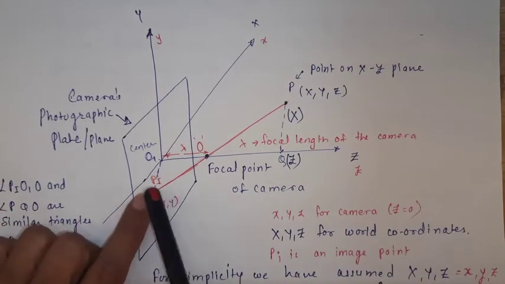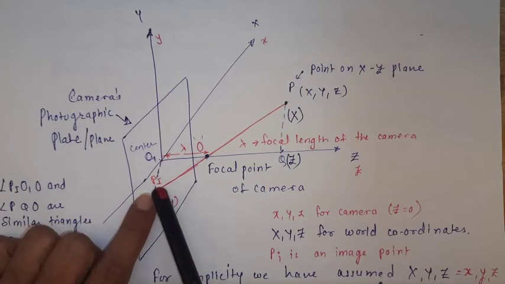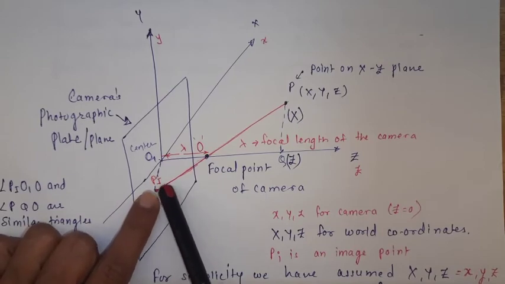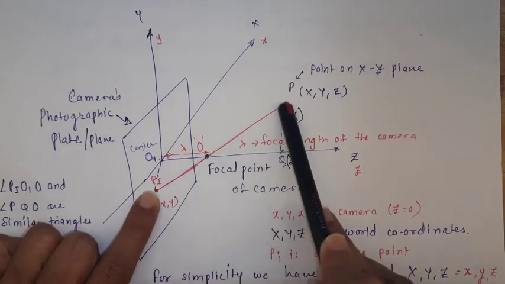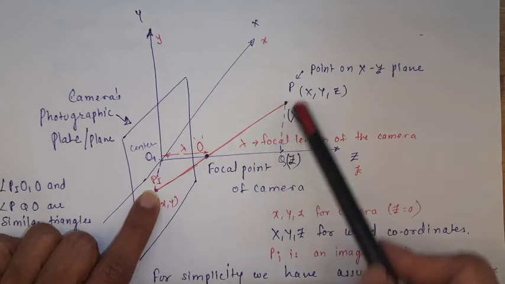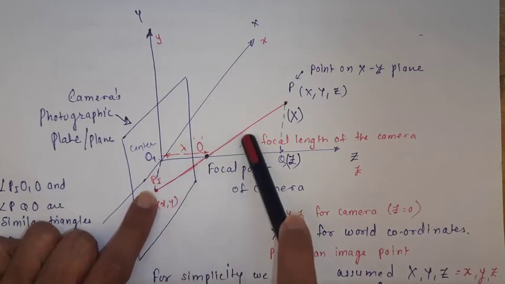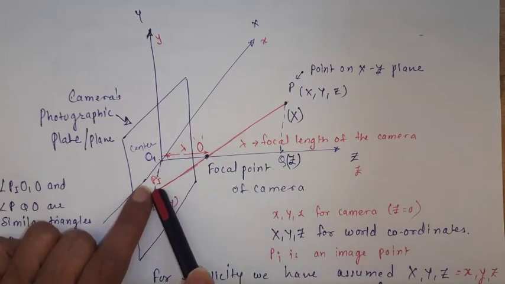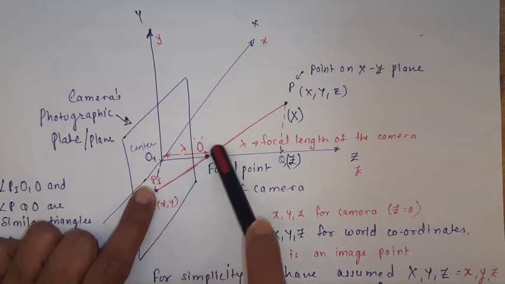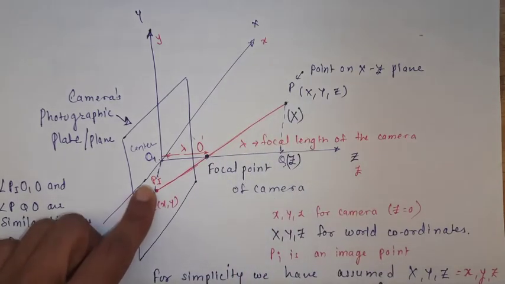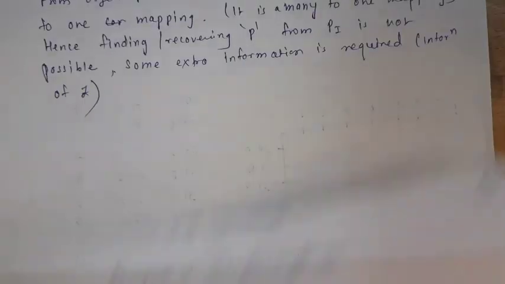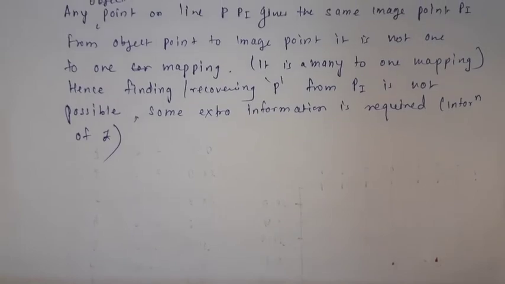But this image can be of any point on this line. So this is not a 1:1 correspondence. For this particular point you got this particular image, that is 1:1. But is the reverse 1:1? No, because for this particular image the point can be anywhere on this line. That's why we are getting the camera homogeneous point and object point the same.